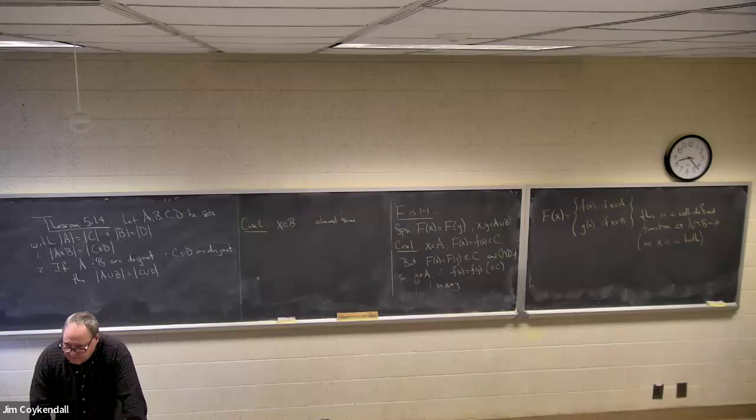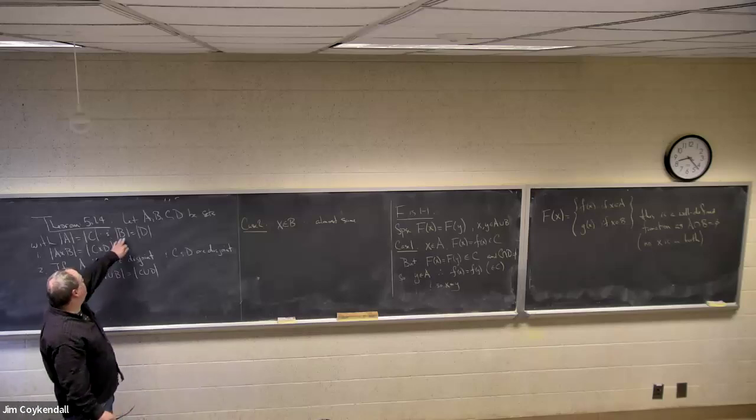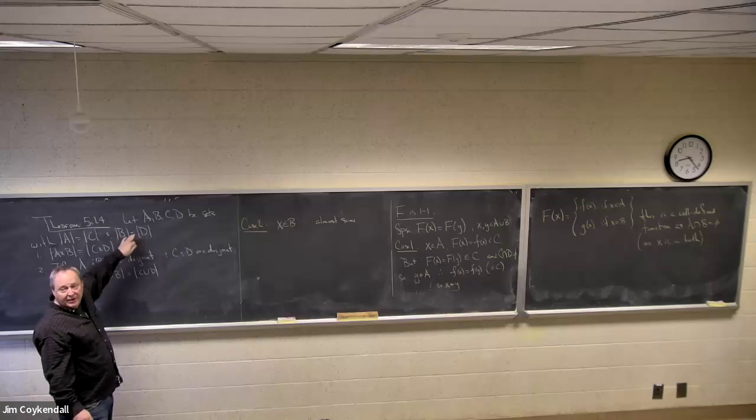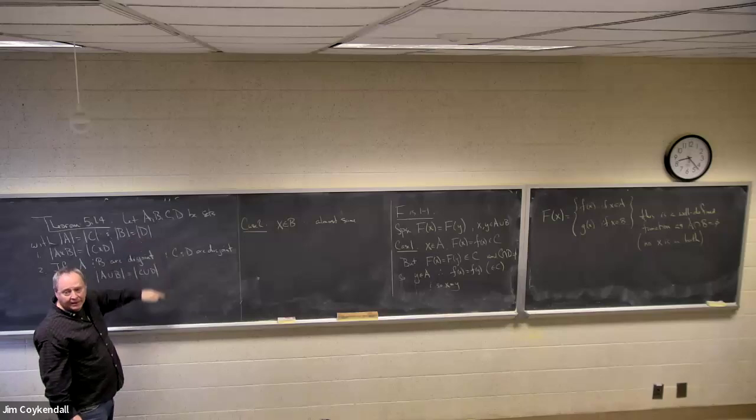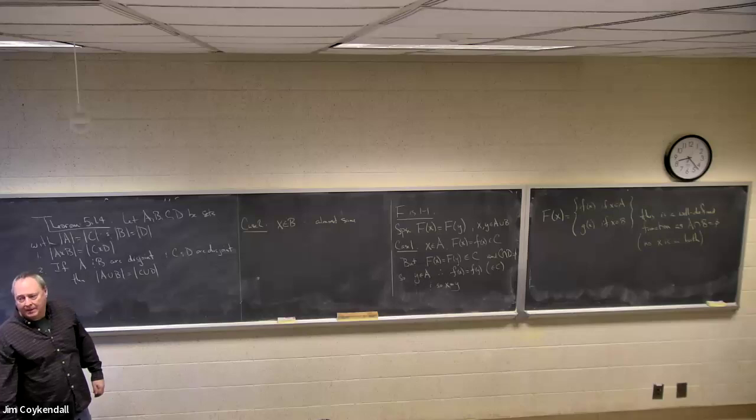Is it just the fact that we stated it's a bijection? That's by definition. When you say B is equal to D, that means there is some bijection from B to D. There's some one-to-one and onto function from B to D, and I call that function g for the purposes of our proof.